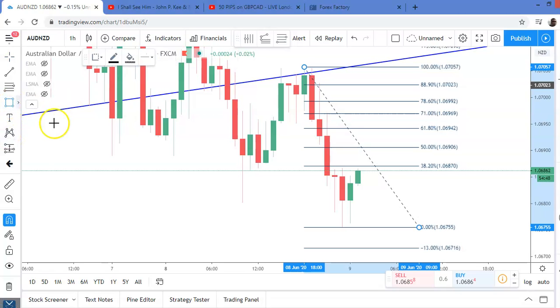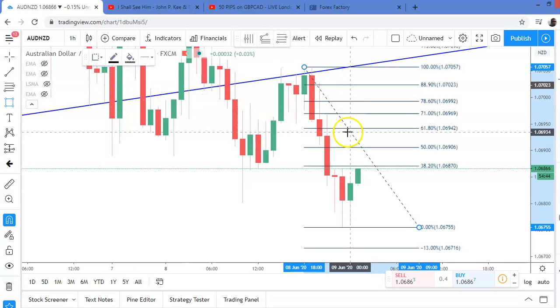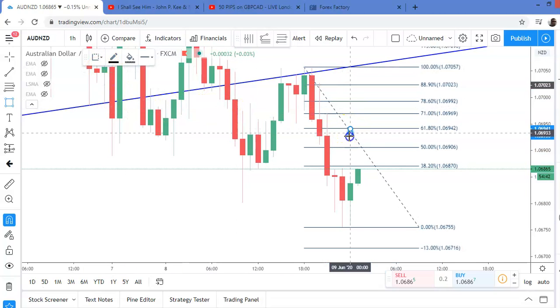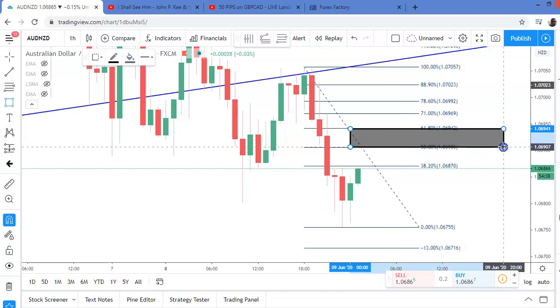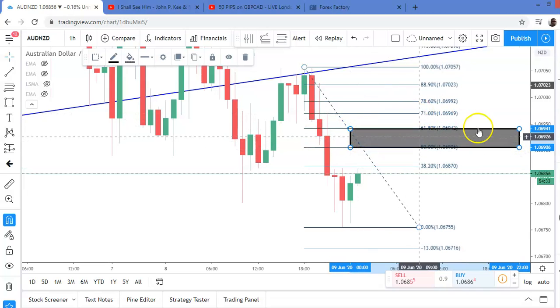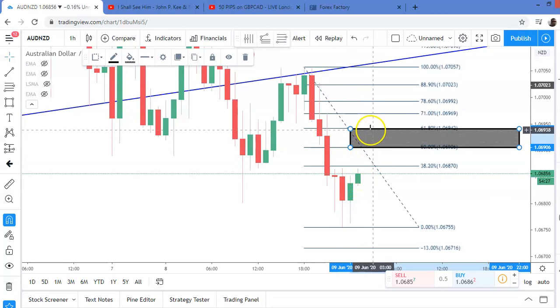And I'm gonna get my handy dandy triangle. Thank you to my sister Tucci for letting me know that I said rectangle in a previous video that I need to edit. And this will be like the zone. This is the golden zone. So this is what I'm looking to buy to.